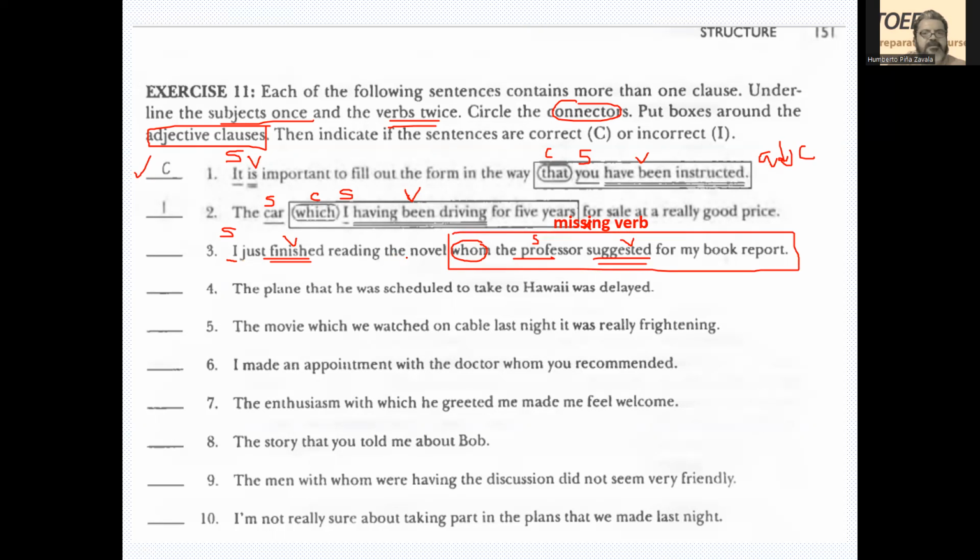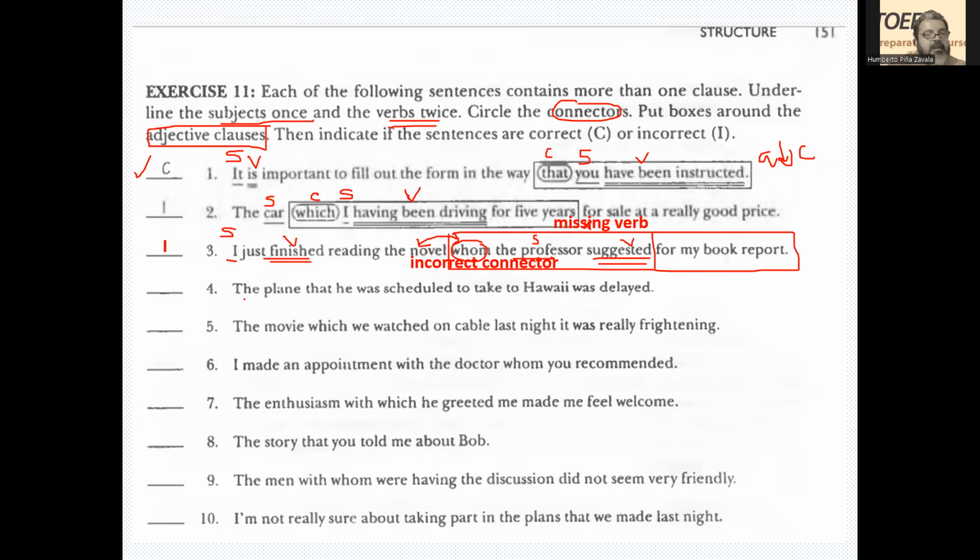So, subject there, we have the connector, but there is a problem. We're talking about a novel, and a novel is an object, not a person. So it's incorrect because we have the incorrect connector. It should be which the professor suggested or that the professor suggested, but not novel whom.